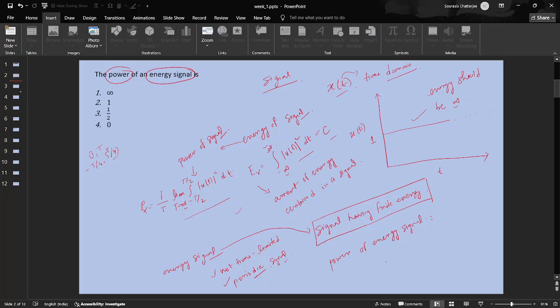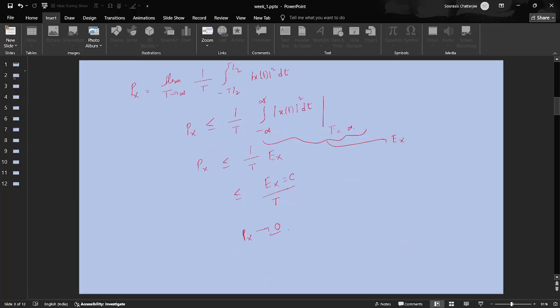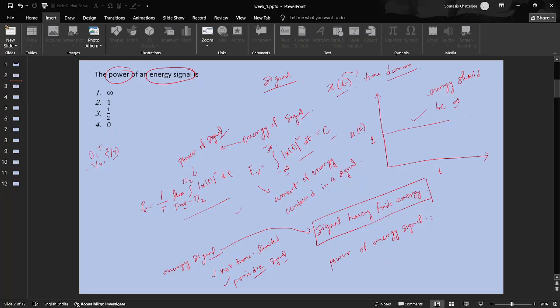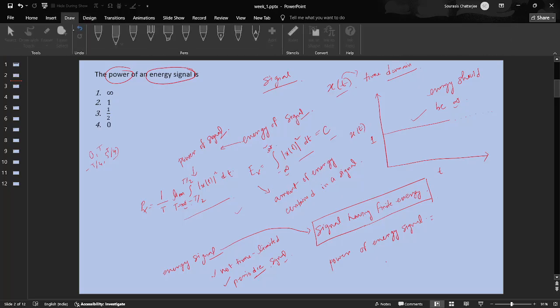So the key idea, just a moment. My system is getting hanged.